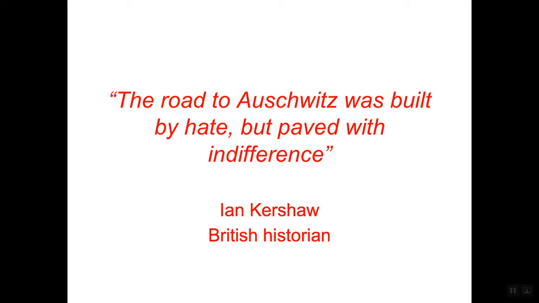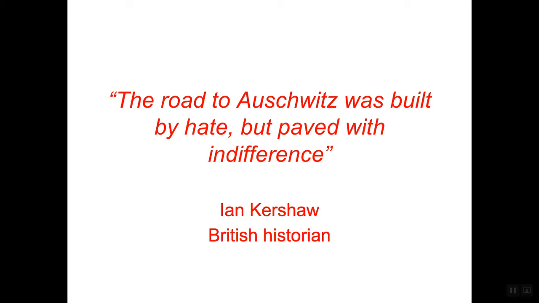So I want to talk to you about the four methods of control that Hitler used as soon as he came to power. And Auschwitz, you guys know, is one of the most famous death camps from the Holocaust. This quote I think is really interesting because it says the road to Auschwitz was built by hate but paved with indifference.